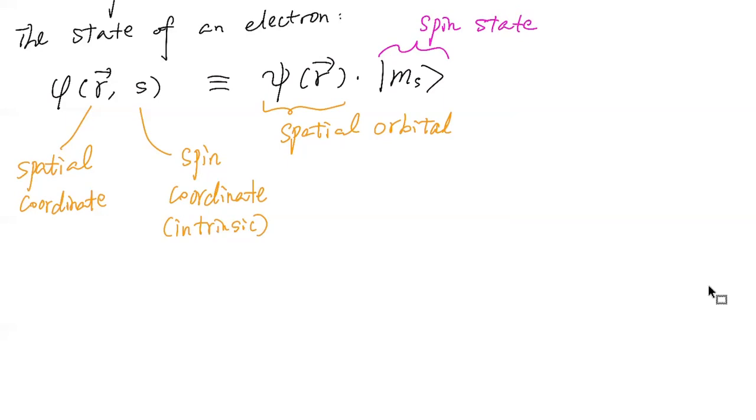Okay, we simply drop s. We drop the spin quantum number because it can only be equal to 1/2 for an electron. So the spin state is written as ms. This is the case for a single electron.